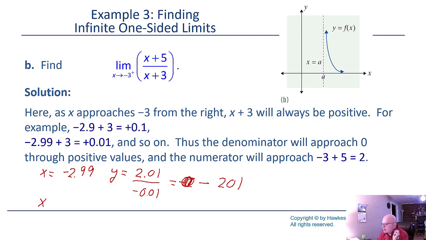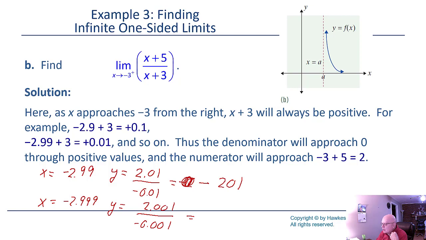What if we have an x equals negative 2.999? What do you get for the fraction? On the top, you get 2.001. On the bottom, you get negative 0.001.